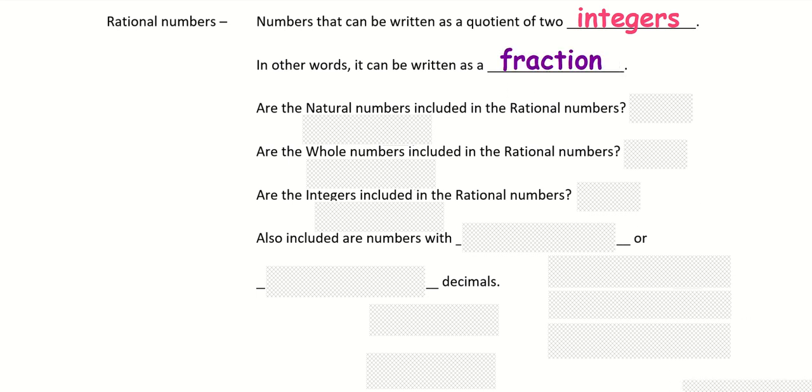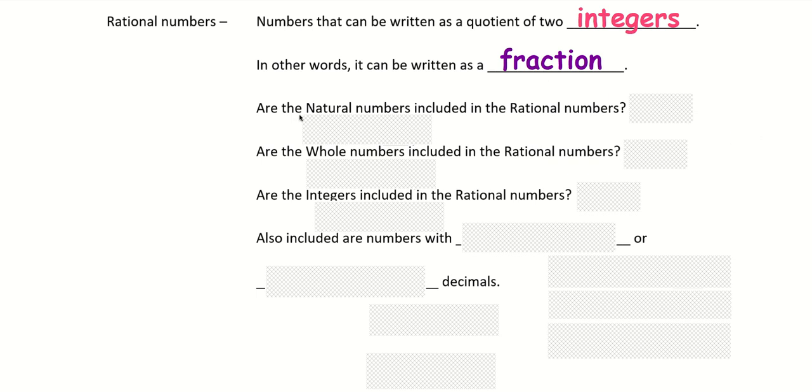In other words, a fraction. We'll get into the other way to define or know what a rational number is in a minute, but the textbook definition is any number that can be written as an integer or as a fraction.